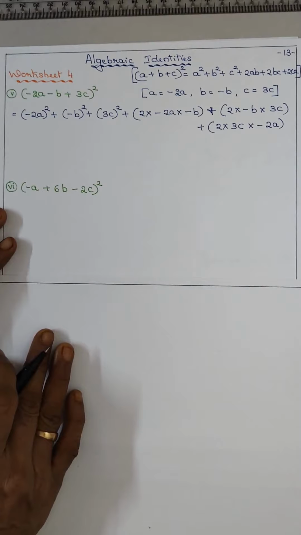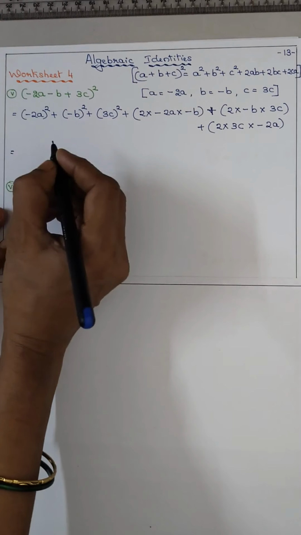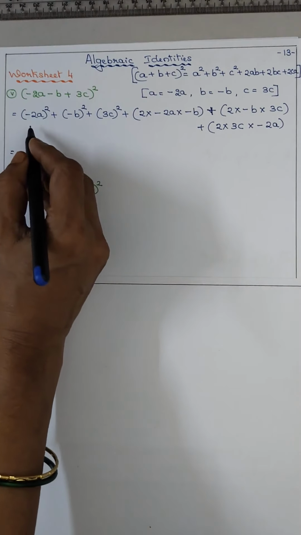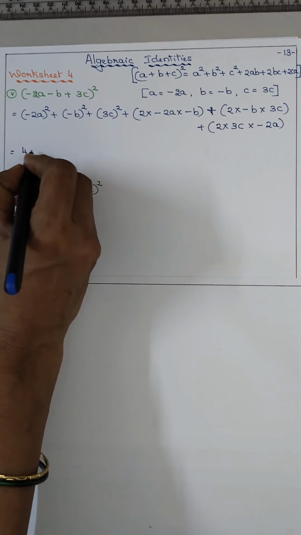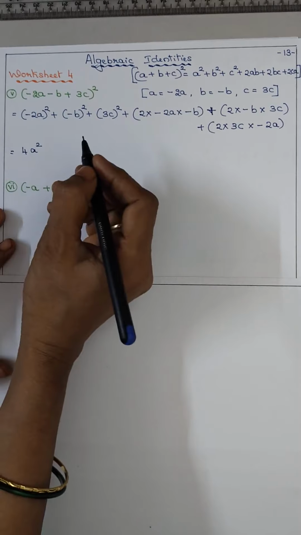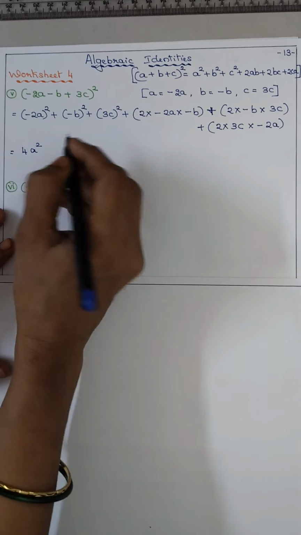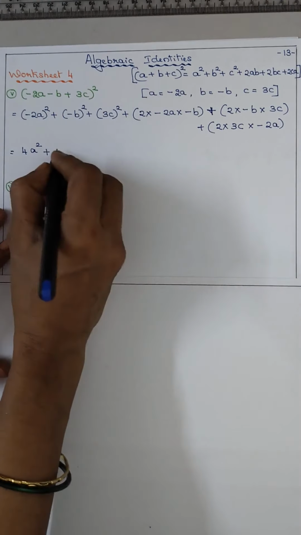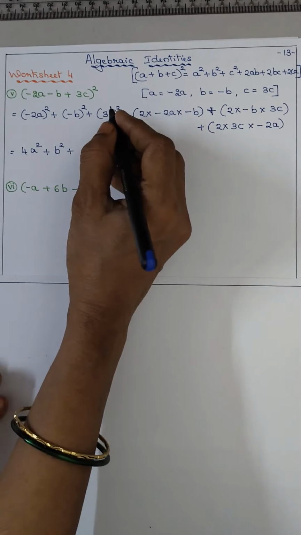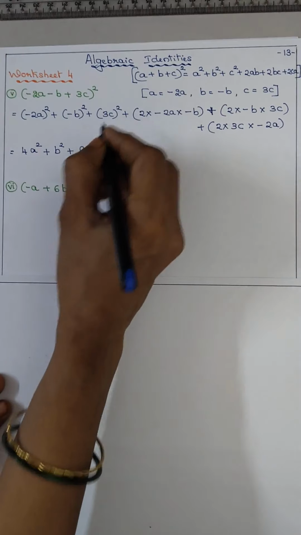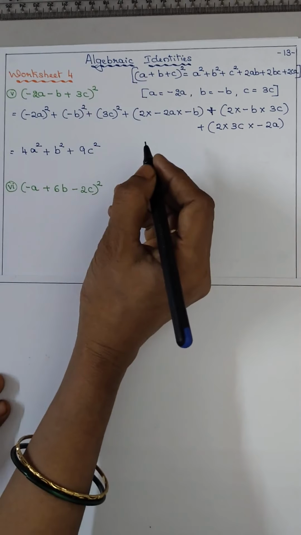Is it okay? Now find the value. The square of a negative is positive, so 2 square is 4a square. Square of a negative is positive, plus b square. 3 square is 9c square.